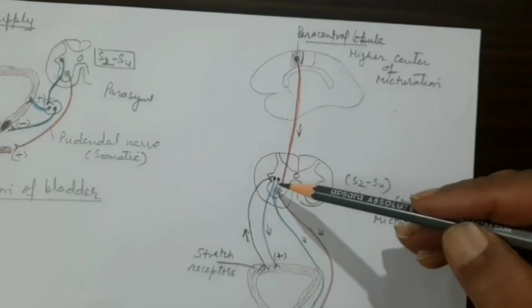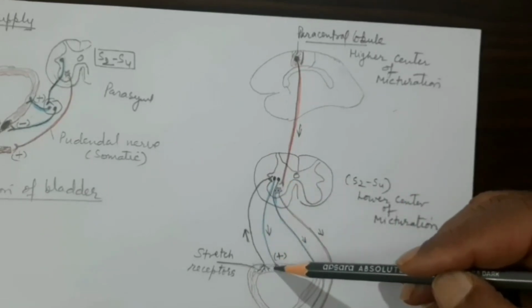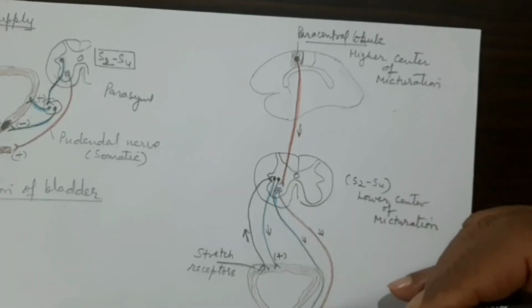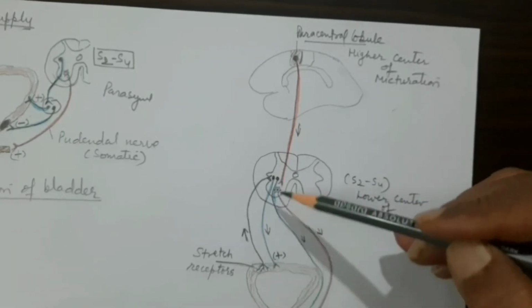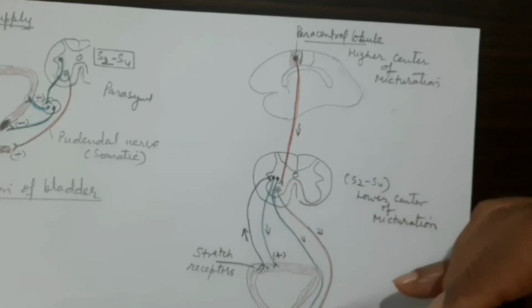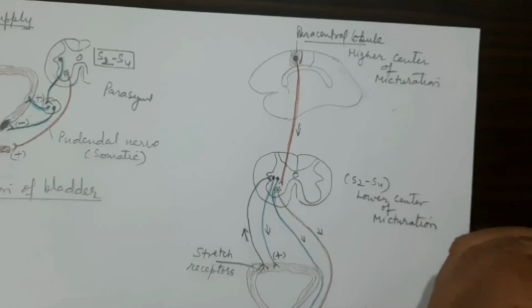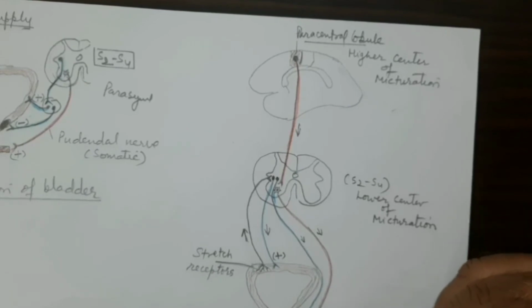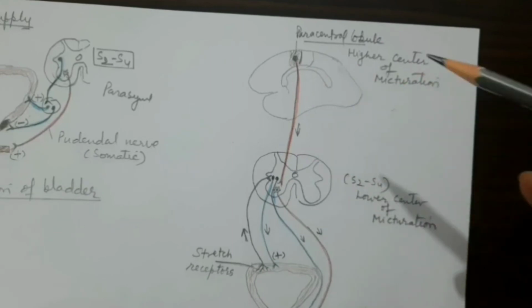Both the parasympathetic fibers going to the wall of the bladder as well as to the internal sphincter, both made up of smooth muscle, are innervated by parasympathetic. But the pudendal nerve is also supplying the external sphincter, the sphincter urethrae, which is the skeletal muscle under your voluntary control. So both the controls are here.